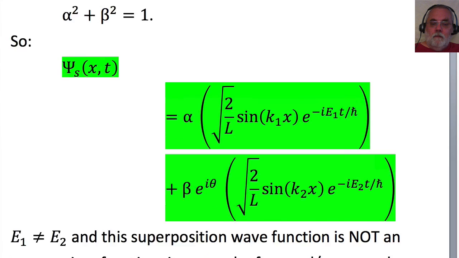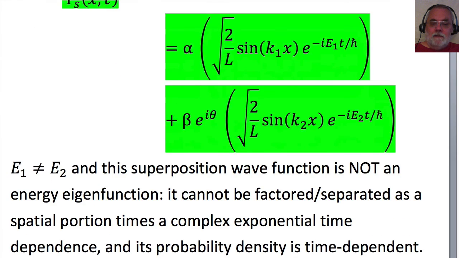Now here, E1 is not equal to E2; E2 is a higher energy than E1. And so this superposition wave function is not itself an energy eigenfunction. It cannot be factored or separated as a spatial portion times a complex exponential time dependence. And therefore, its probability density is going to be time dependent.